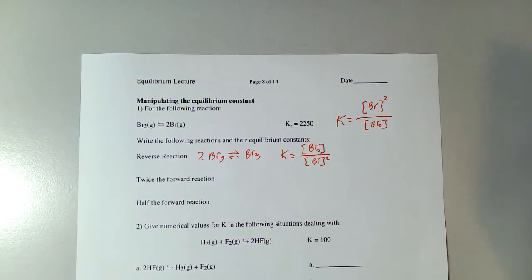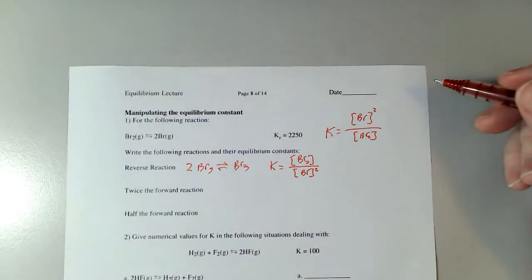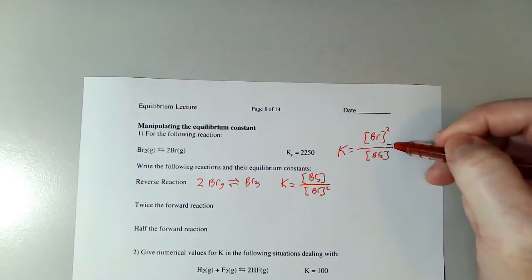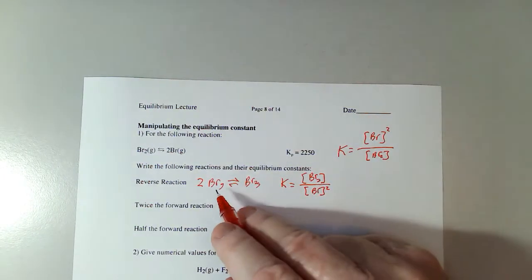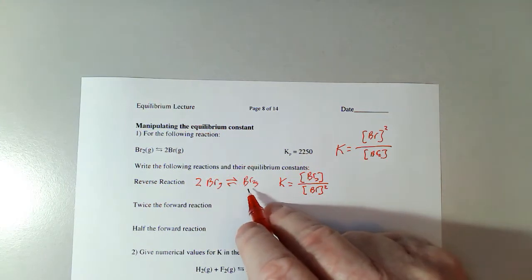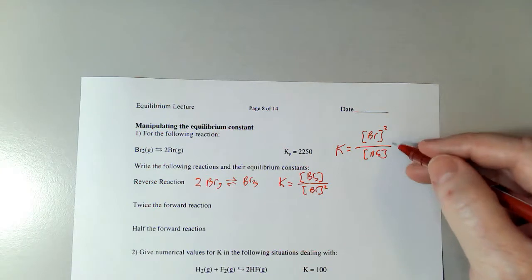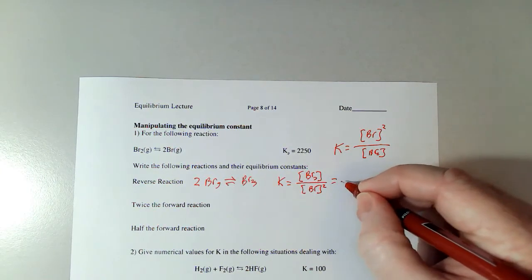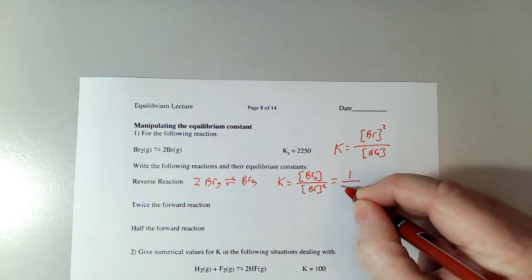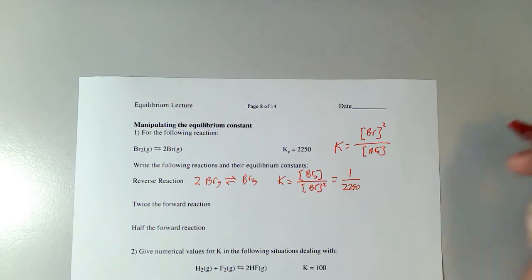Now I'm hoping you recognize that this is the inverse of this, so when you write a reverse reaction, the equilibrium constant will now be the inverse of the original equilibrium constant. That holds true mathematically also, so the numeric value here would be 1 over 2250.